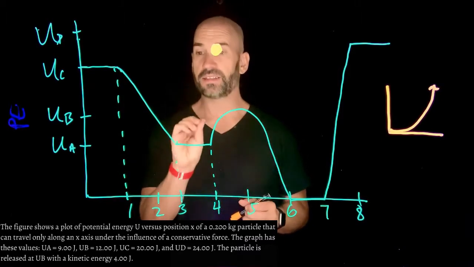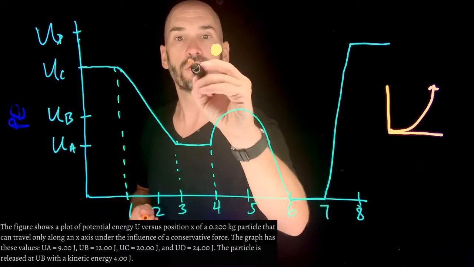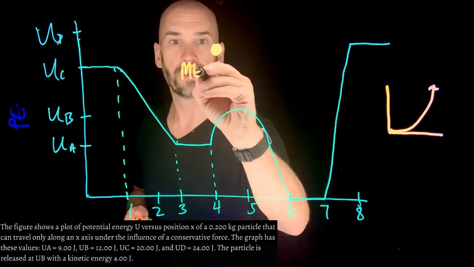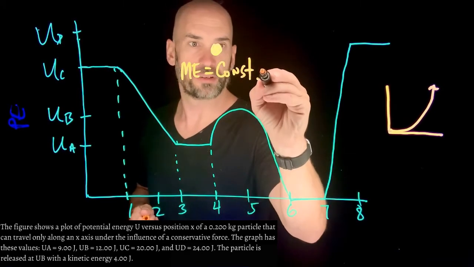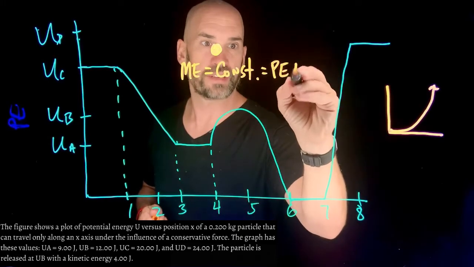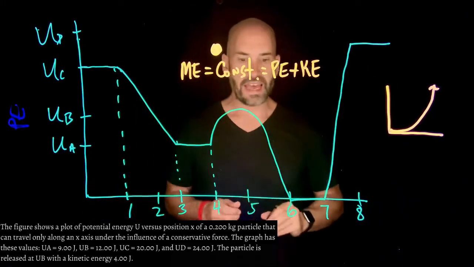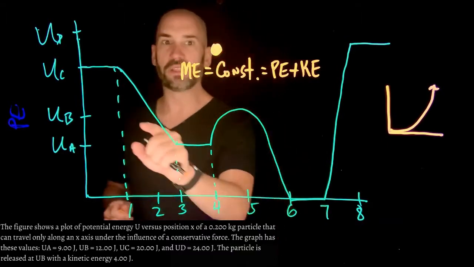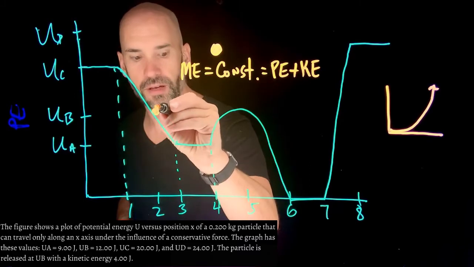And because this is a conservative force, we know that the total mechanical energy must be constant no matter where you are on this curve. So the total mechanical energy, in other words, the potential plus kinetic energy, must be constant everywhere, okay? And this problem is telling us that we're releasing the ball at B, at UB here.